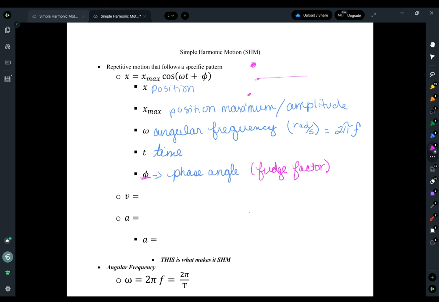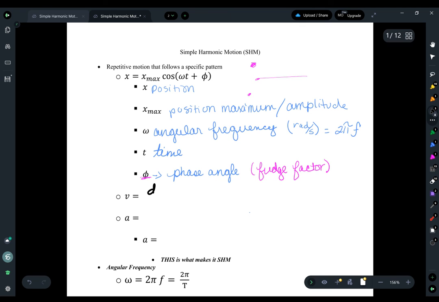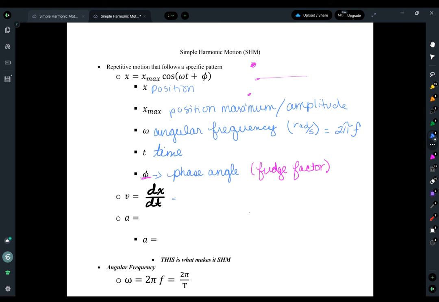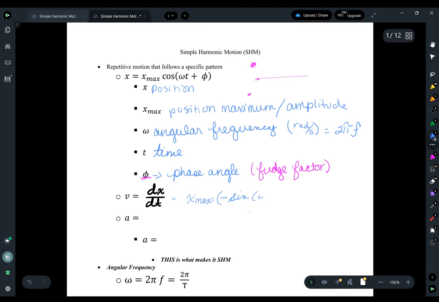Then, of course, as you know, if you want to find the velocity of something, you need to take the derivative of the position with respect to time. And so when we do that, we carry down the x max. The derivative of the cosine of something is the negative sine of that quantity.